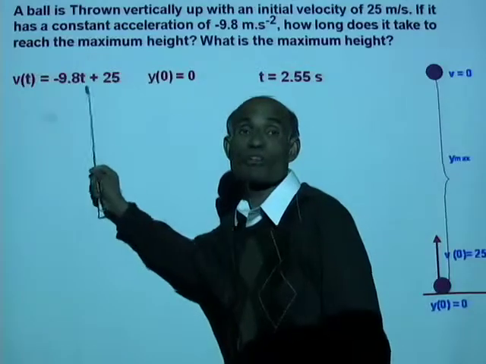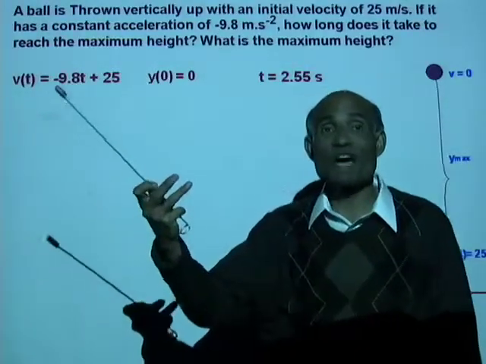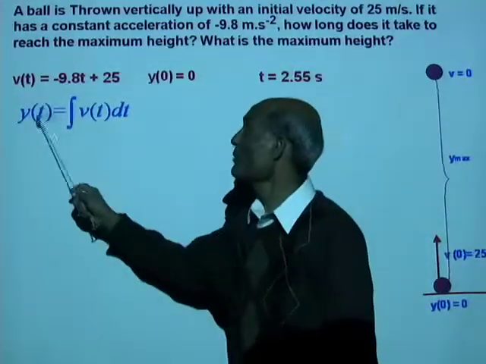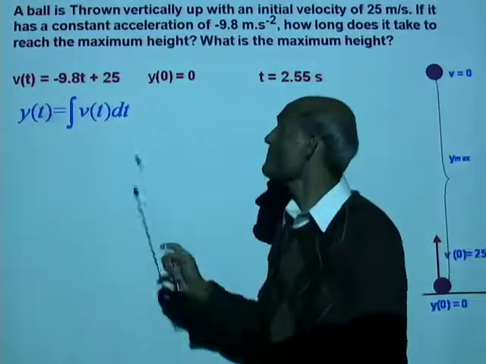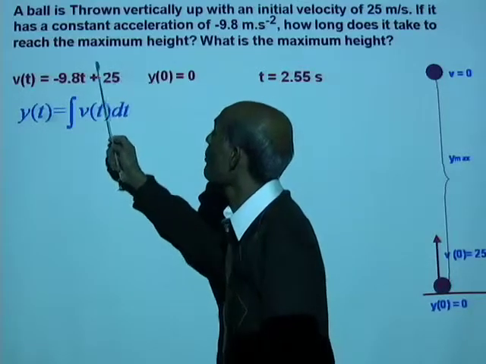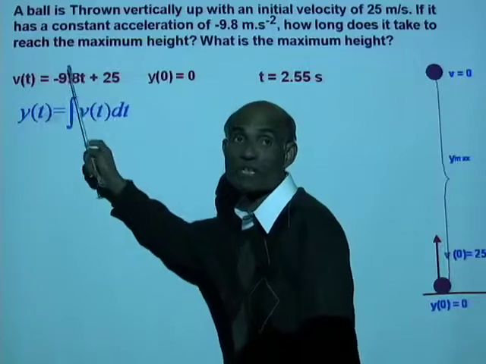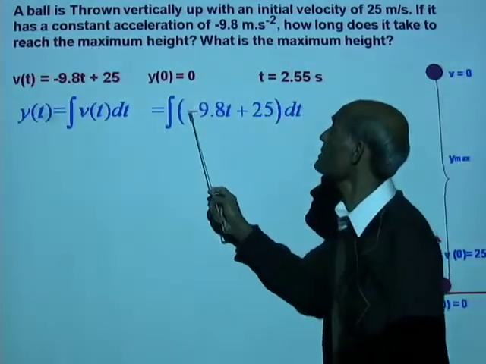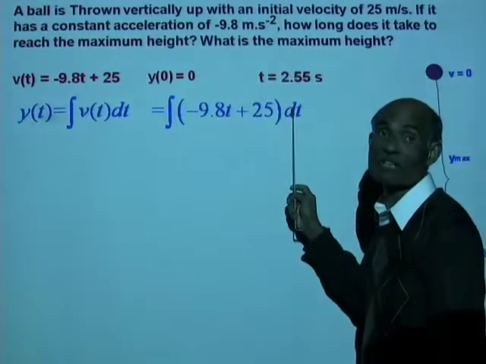By using the velocity function, we can obtain the position function. How? Integrate the velocity function. y of t is integral v of t dt, and v of t is negative 9.8t plus 25. So we replace v of t by this. That will be integral negative 9.8t plus 25 dt.